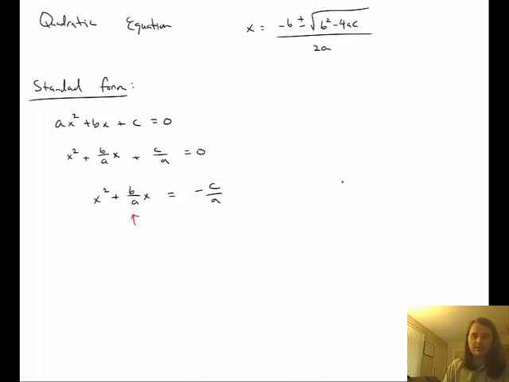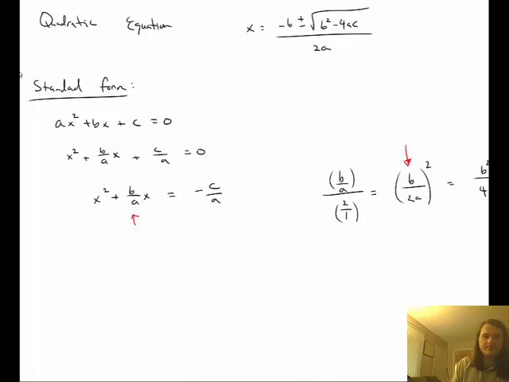But ultimately, what we need to do is just take that term b over a, and we're going to divide that by 2. Now remember, 2 is the same thing as 2 over 1. So here I have a fraction divided by a fraction, which is the same thing as b divided by 2a. Now, what we do with this quantity is we just square it as a whole. So that's going to give me b squared over 4a squared. But I want to make note of this term inside of here. We're going to remember that that's there.